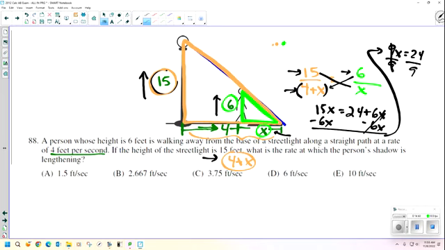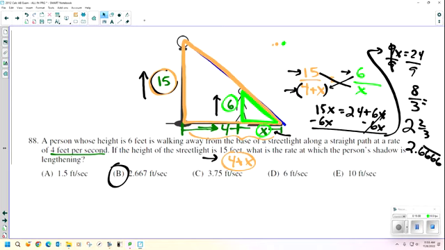We can use a calculator here, but 3 goes into both of those, 8 over 3. And 3 goes in there twice with a remainder of 2/3, which is 2.6666. Boom.